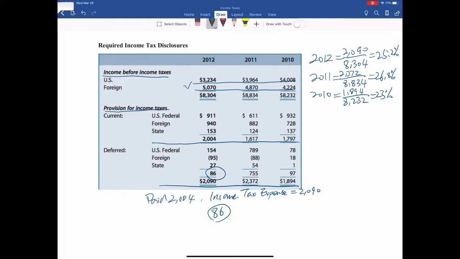Because we are given the tax expense for different jurisdictions and also the income before income tax, we can calculate the domestic effective tax rate and the international effective tax rate. I just use 2012 as an example. For the domestic, the federal tax payment is 911 plus 154 deferrals.